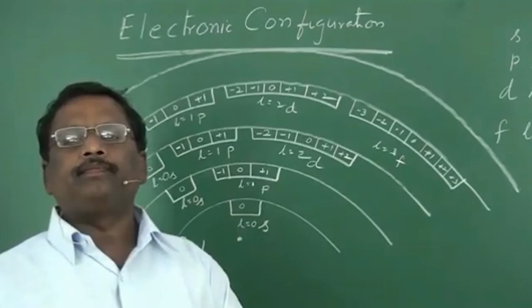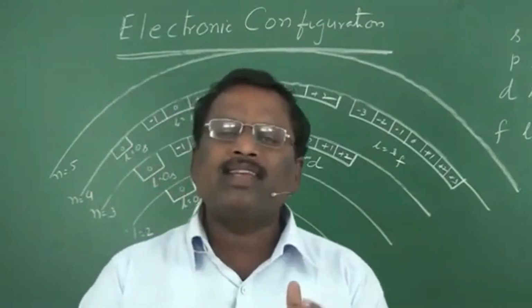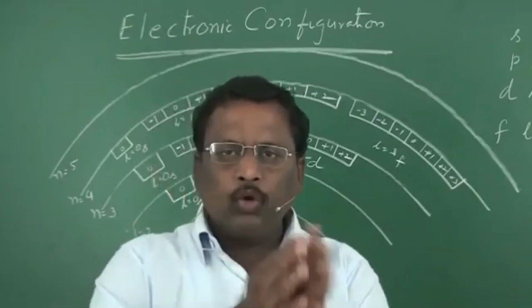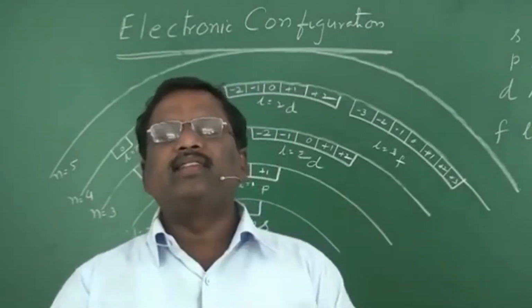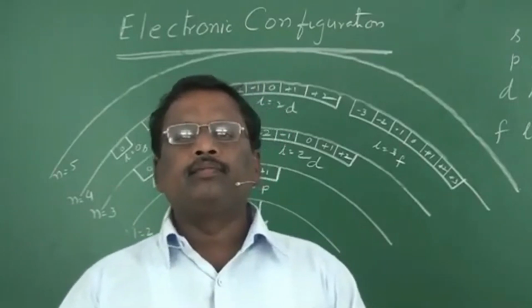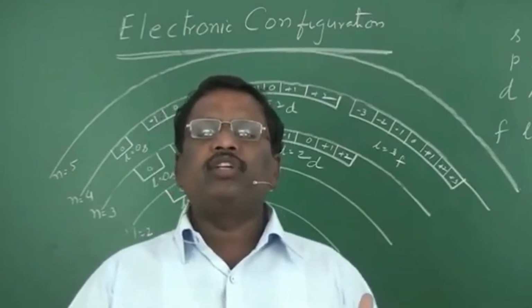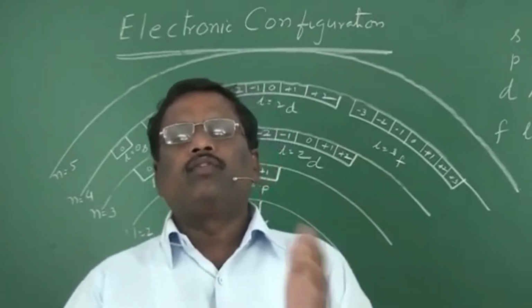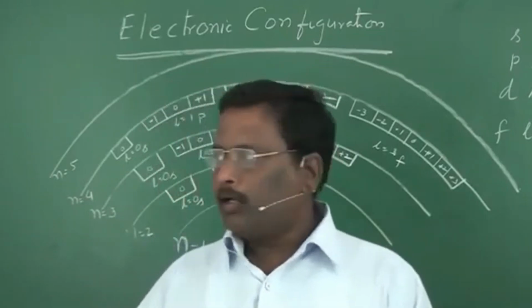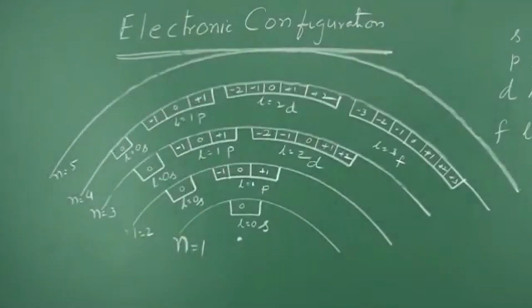The electronic configuration, or filling up of electrons in different atomic orbitals, is governed by certain rules. They should follow certain rules. Now let us discuss those rules which guide the filling up of electrons. Number 1 is Aufbau principle.